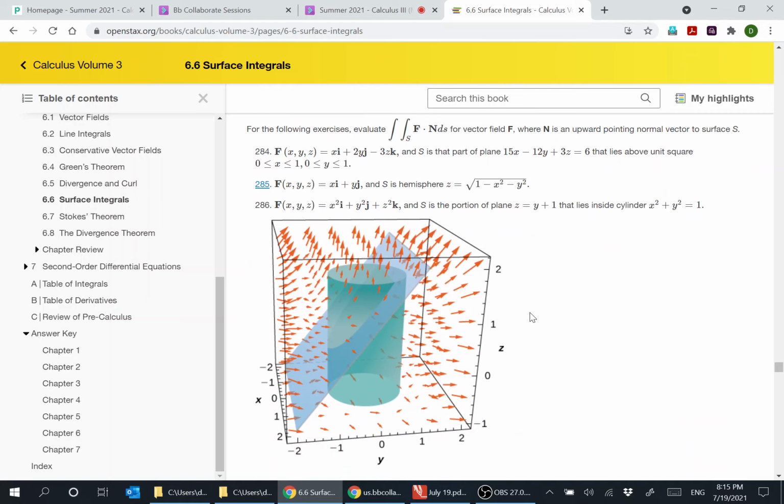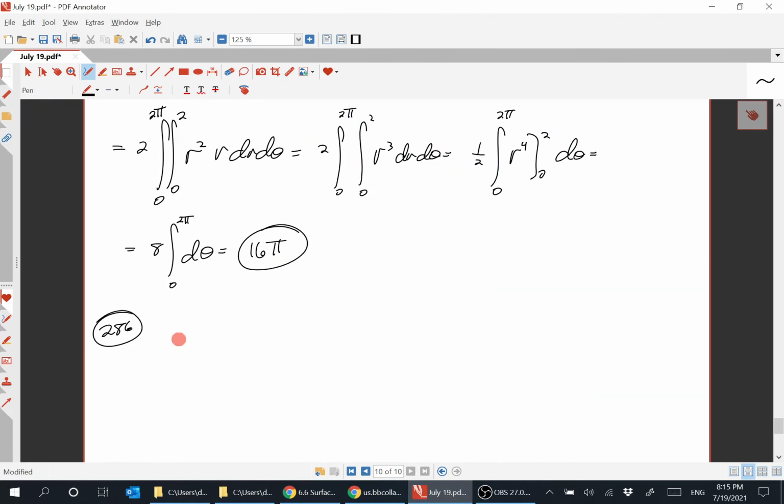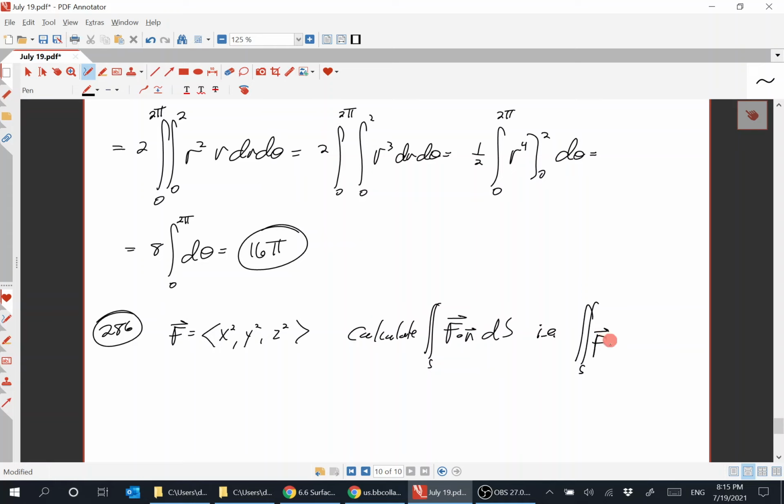So f is x squared, y squared, z squared. Calculate. So they're using the surface integral of the scalar function f dot n ds, where n is the unit normal vector function, i.e. just f dot ds, where S is the oriented surface.